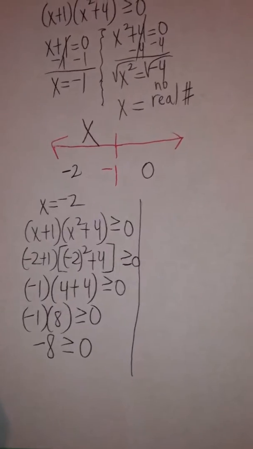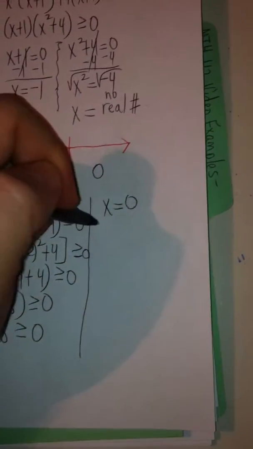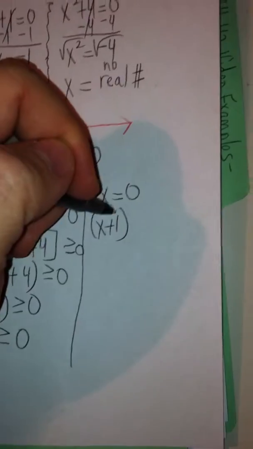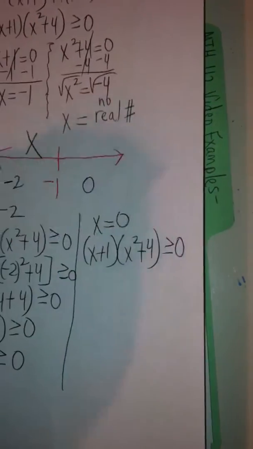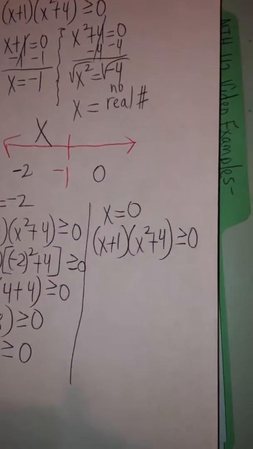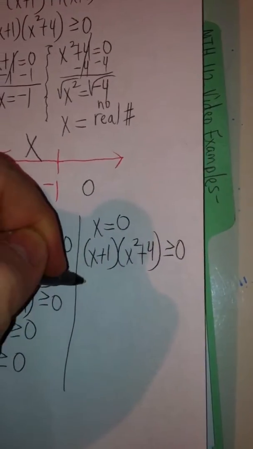Now, let's test x equals 0. Again, using the factored inequality. Everywhere you see an x, plug in 0.